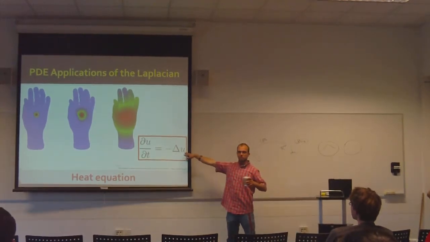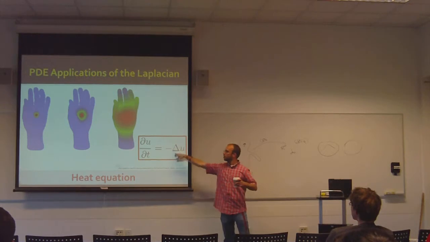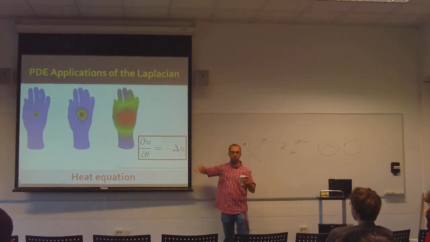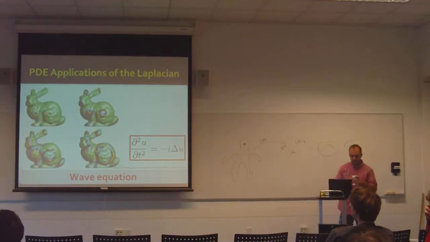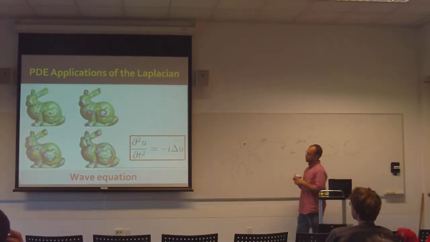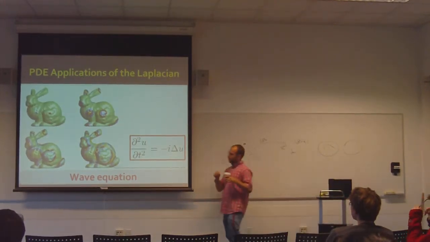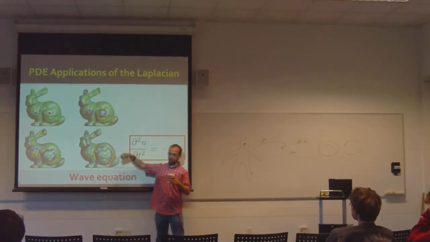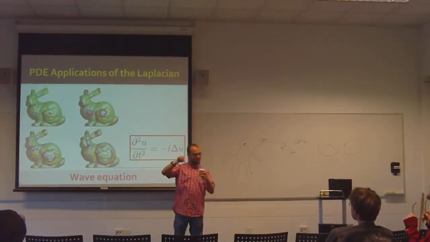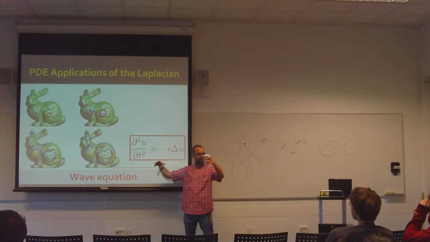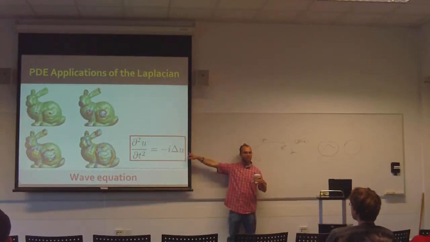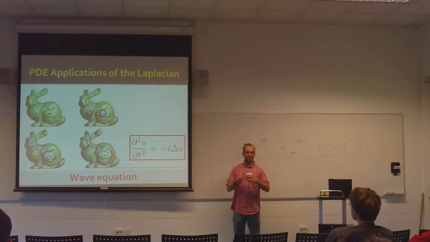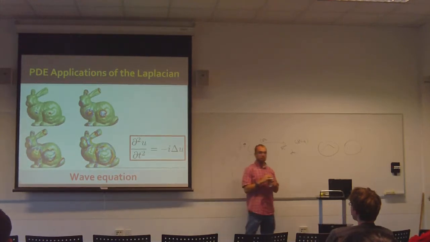I haven't incorporated the metric in any other way. All that g_ij stuff is stuck in this triangle here. Similarly, I can solve the wave equation. If I think of there being these little infinitesimal bumps on the surface, and I give the bunny a little bit of a flick, I can trace how the wavefront moves around. It's just some other equation that I can write down that's just as easily solvable, only in terms of the Laplacian.